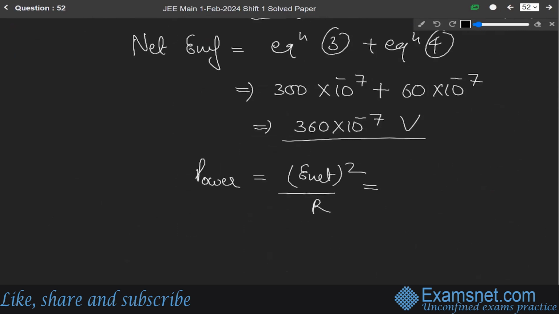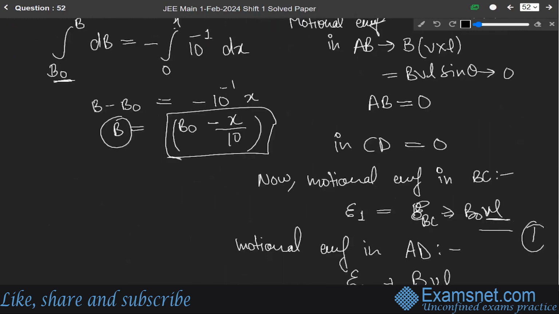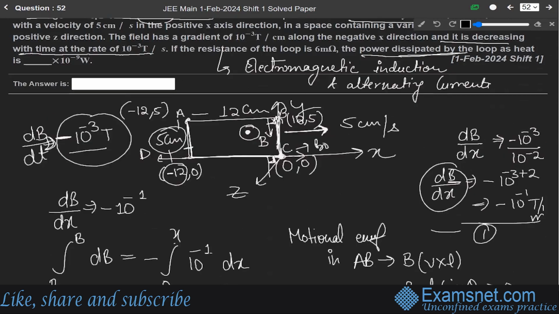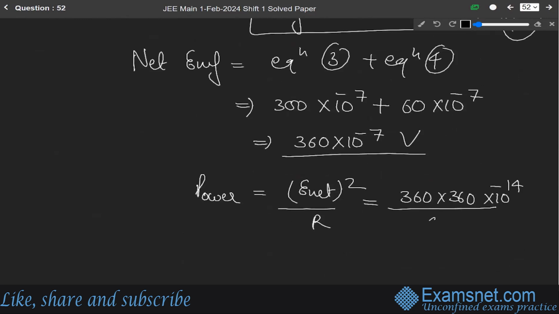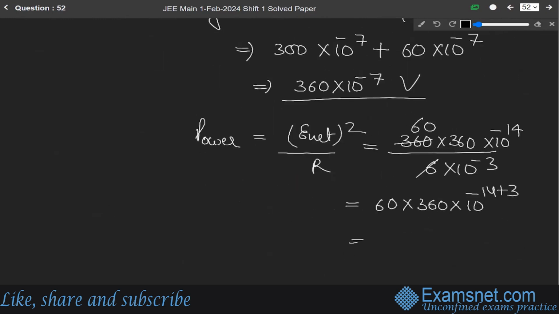So net EMF whole square means 360 into 360 into 10 to the power minus 14 over R. R is given as 6 milliohm. So it will be equals to 6 into 10 to the power minus 3. So 6 into 6 is 36, 6 carry 3, 6 into 3 is 18, 19, 20, 21, into 10 to the power minus 14 plus 3 plus 2.